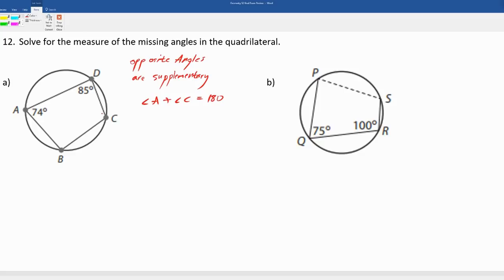Angle A is already 74 degrees. Angle C we don't know yet, but plus the 74 degrees, it should equal 180. Let's isolate the variable for angle C. Let's get rid of that positive 74 with a subtraction. What you do to one side, do the other. And you should get angle C equaling 106, because 180 minus 74. So there's angle C.